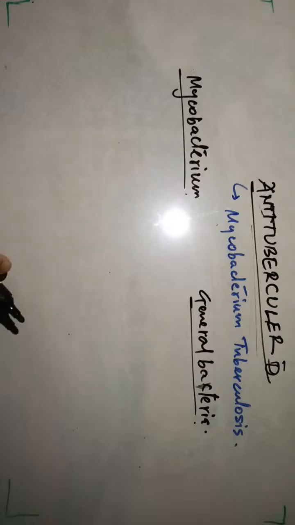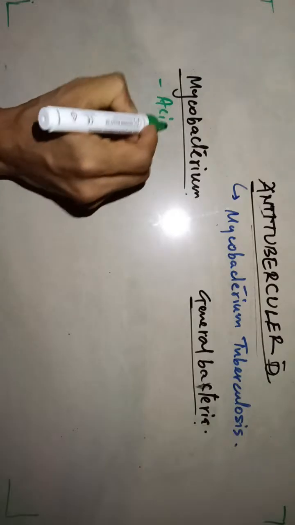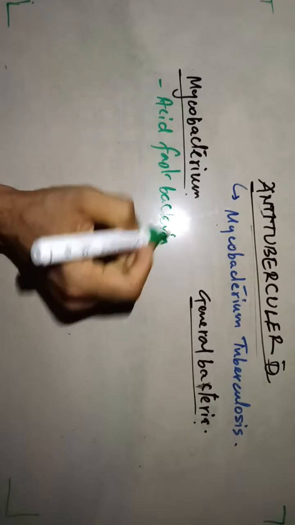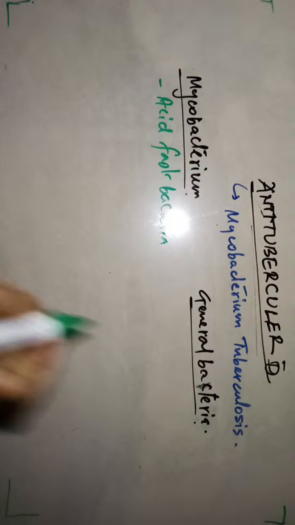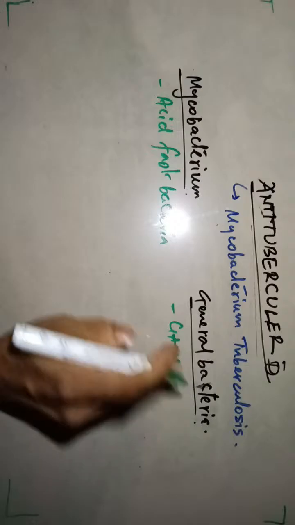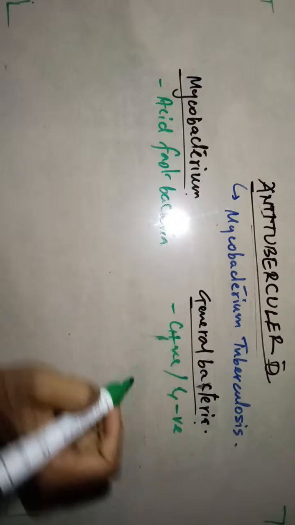So what is the difference between Mycobacterium and general bacteria? First of all, Mycobacterium is also called acid fast bacteria. Whereas general bacteria are normally gram positive or gram negative bacteria.